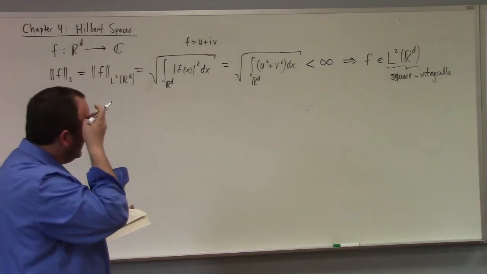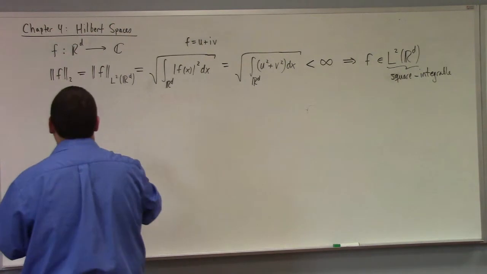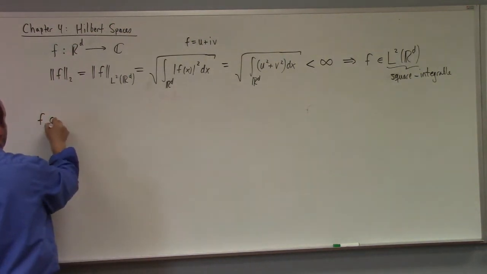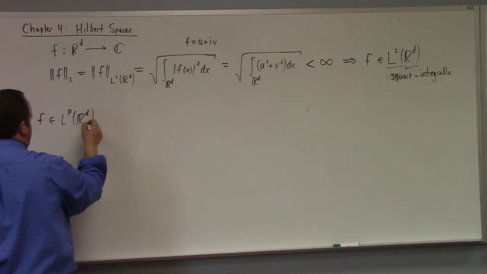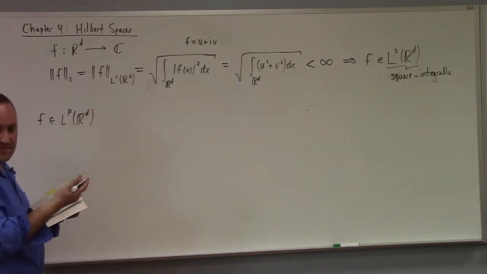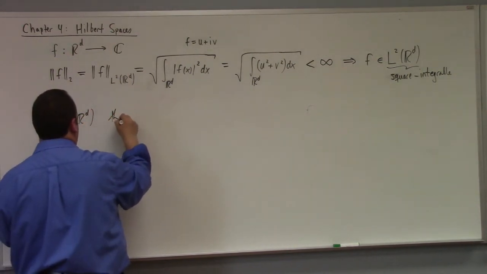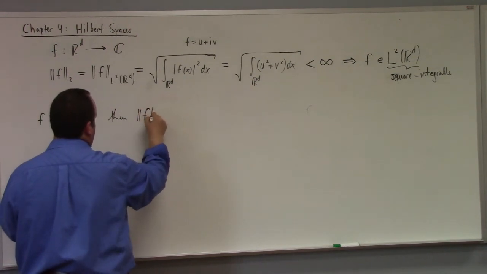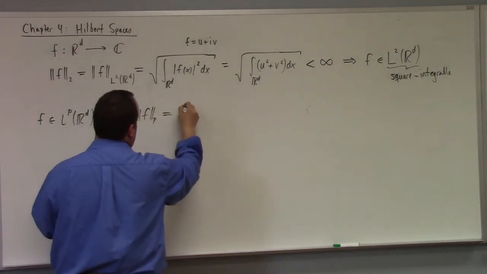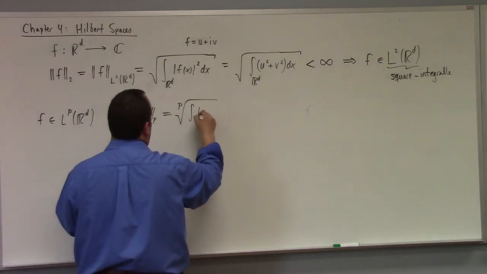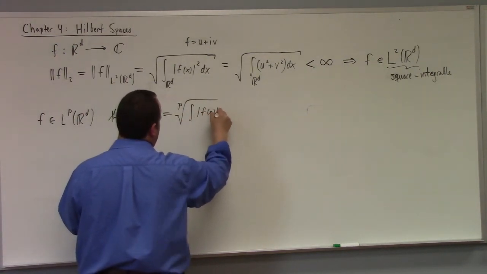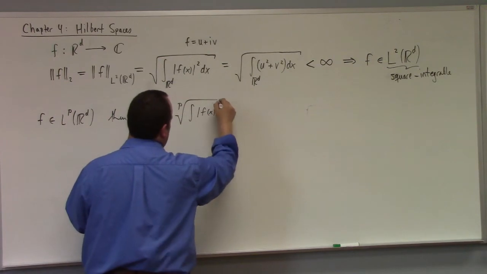More generally, the LP space is f an element of LP R^d, which I really don't have much to say about except for this. The p norm is the pth root of the integral of the pth power of f, like so.